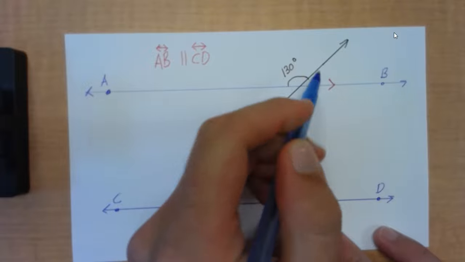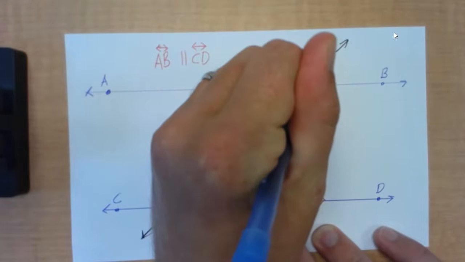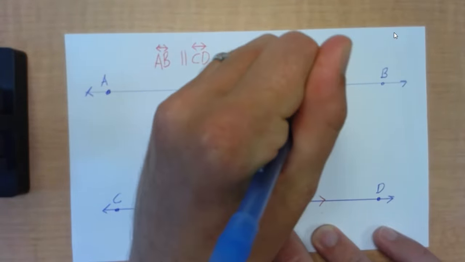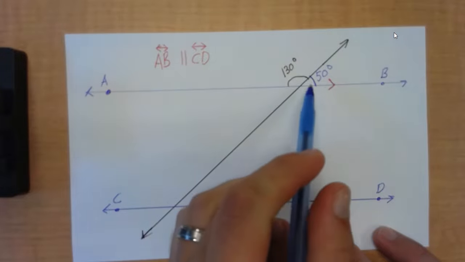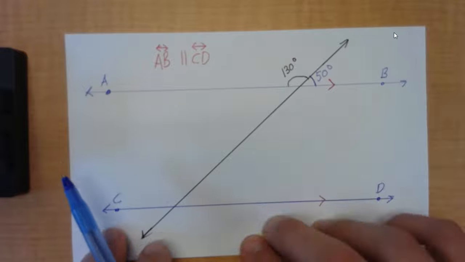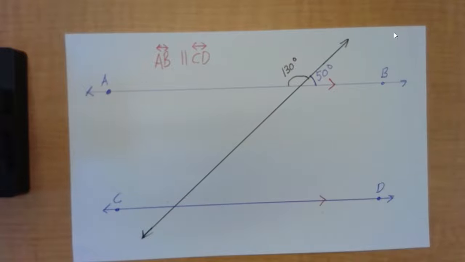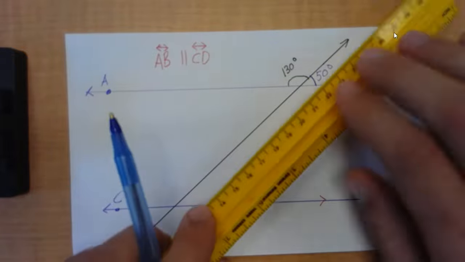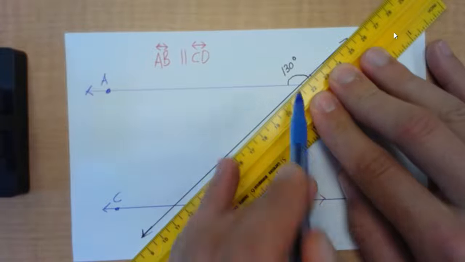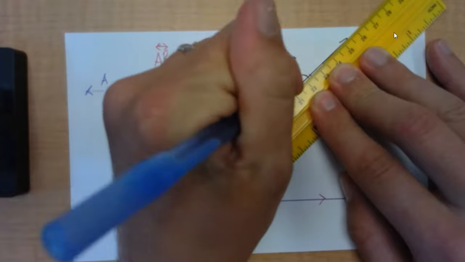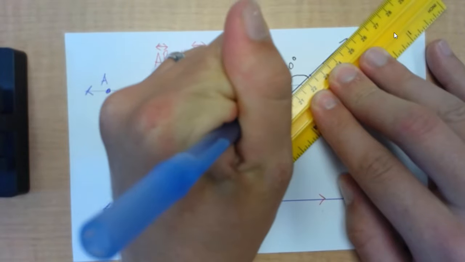So the missing part that helps it add up to 180 is going to be 50. So that angle's 50 degrees. Covering this up, I also see that this is a pair of supplementary angles. So this angle is also 50 degrees.